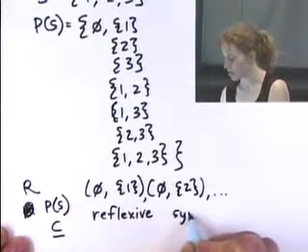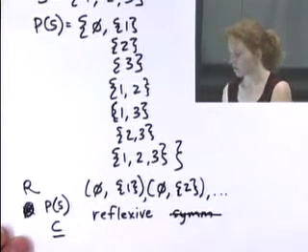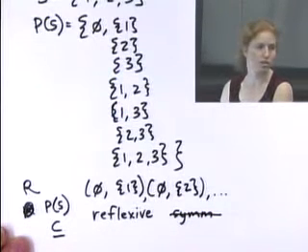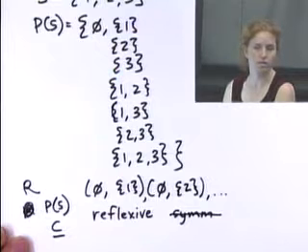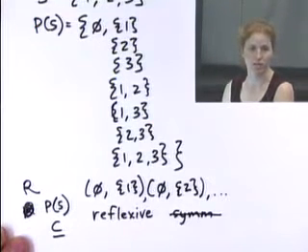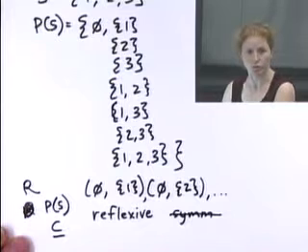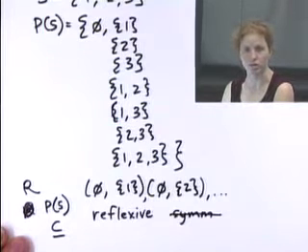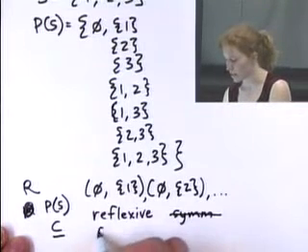So it's not symmetric. How about antisymmetric? Yes, it is antisymmetric because if one set is a subset of another, you can't reverse that order unless it was the same set to begin with. Right? So it's antisymmetric.